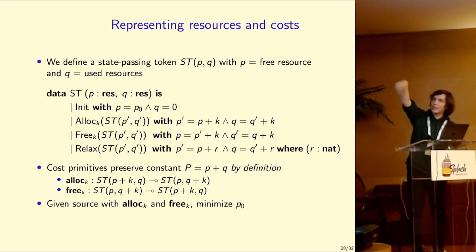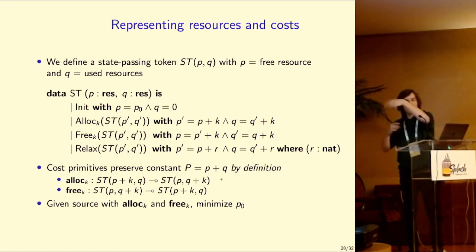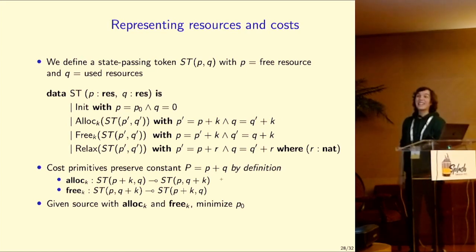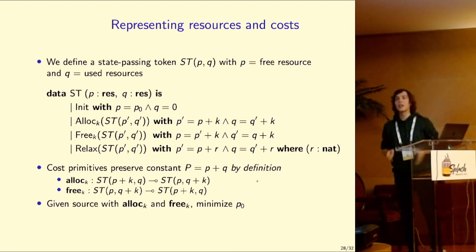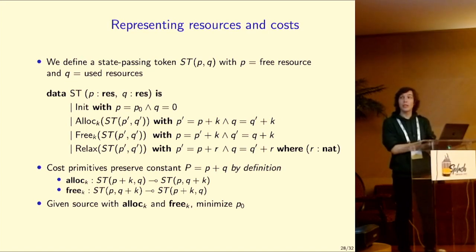What this implementation gives us is that the total amount of resources in the machine stays constant as reduction evolves, by definition. So we have allocation and freeing primitives which keep the total amount of resources constant, which greatly simplifies proofs of consistency for analysis, which usually have to do quite some work to prove that as data is manipulated, potential stays constant.